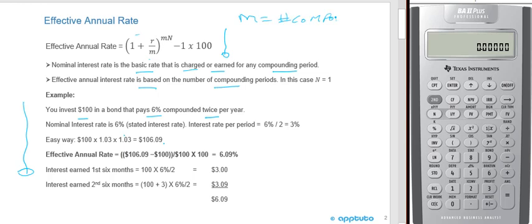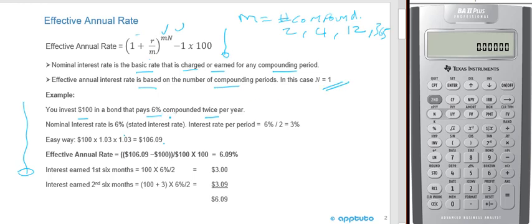So if we're compounding semi-annually, M would equal 2. If we're compounding quarterly, M would equal 4. If we're compounding monthly, M would equal 12. If we were compounding daily, M would equal 365. So M is the frequency of compounding, and N is the number of years. In this little example, N is 1 because we're just doing 1 year.